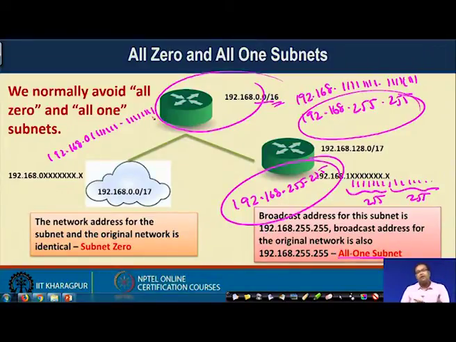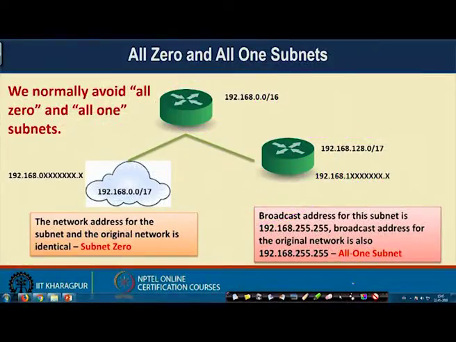That would be different, but the problem is that the network IP for the subnet becomes equal to the network IP of the original network. That is the problem for subnet 0. For subnet 1 or the all 1 subnet, the problem becomes that the broadcast IP for the original network becomes equal to the broadcast IP of your subnet. So, that is why we do not use all zeros and all ones in a subnet IP field.